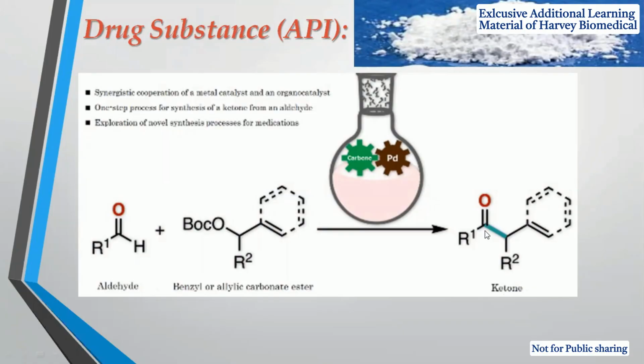Why is it a ketone? It's C double bond O, and it is connected to one more C. That's the reason it is called a ketone. Whenever a hydrogen is there, it's an aldehyde. Whenever a carbon is there, it's a ketone. Might be all of you are aware of this basic structure information from your intermediate, plus two, or pharmacy.